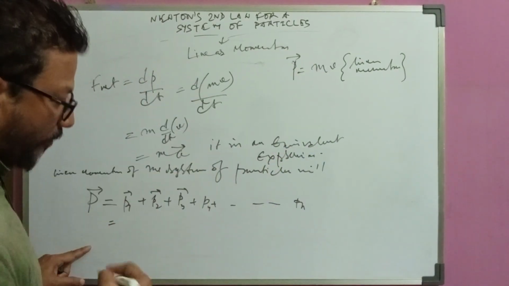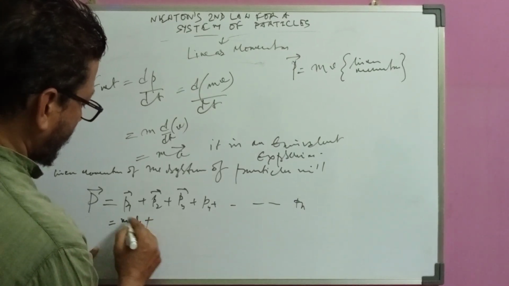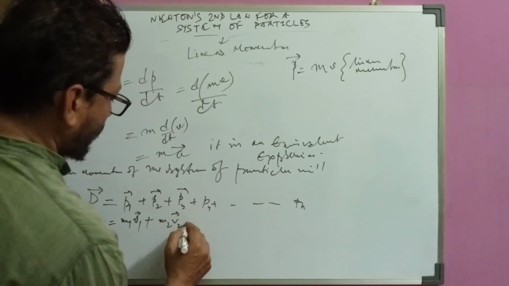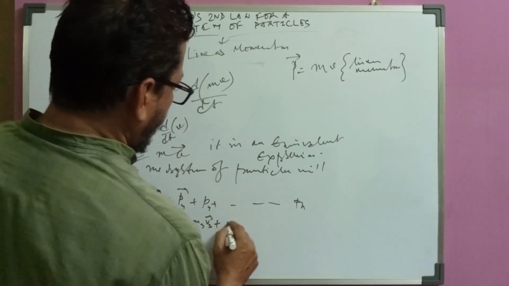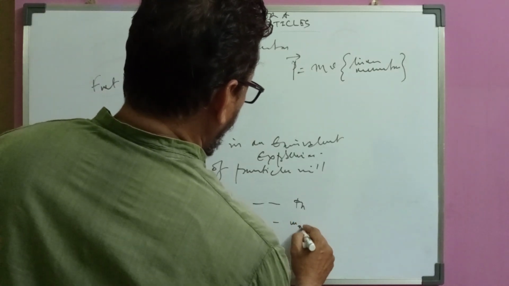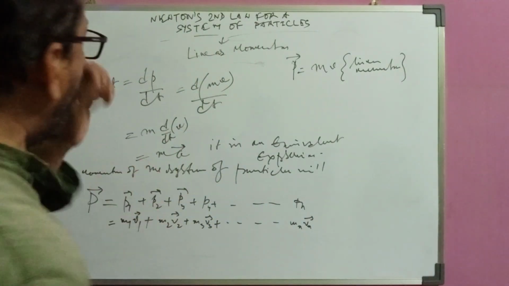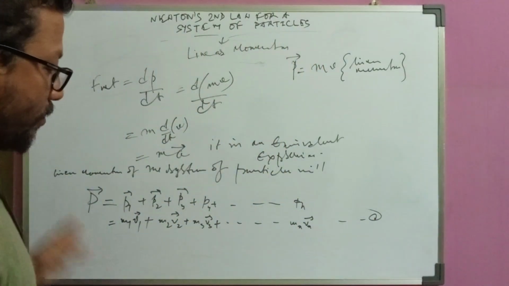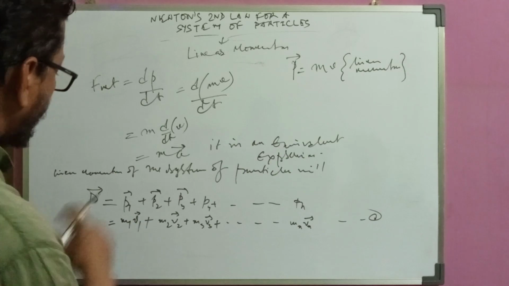So this will be m1 v1 plus m2 v2 plus m3 v3. This is equation number 1.